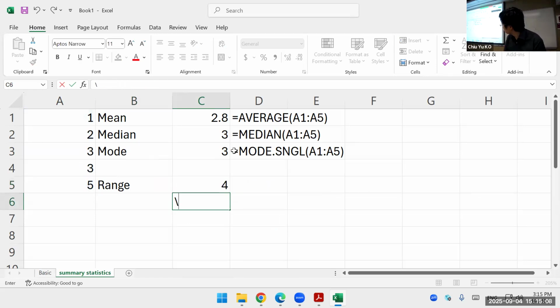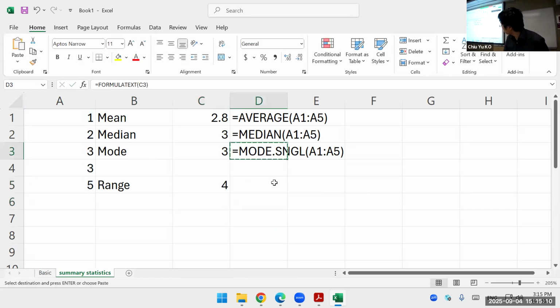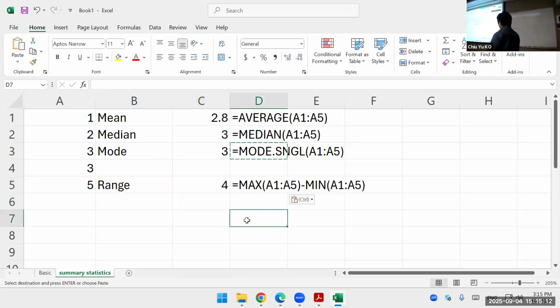There's the formula. I'll keep the IQR, standard deviation, kurtosis, all those things for the next class. You can check the slides if you're interested, but I'll go through everything in the next class.